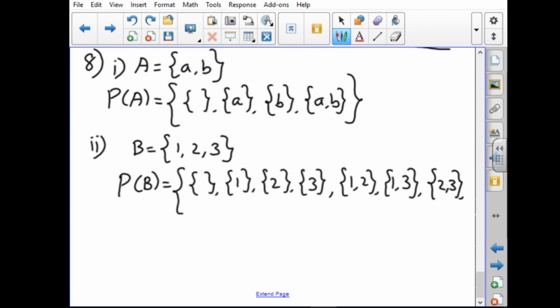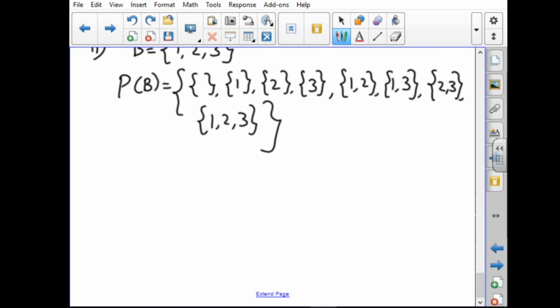Then next one, the whole set, then closing bracket, okay. Then third one, D is equal to P comma Q comma R comma S, okay.